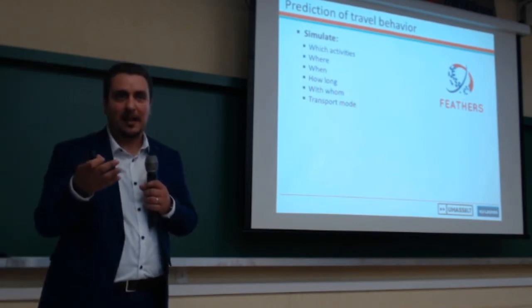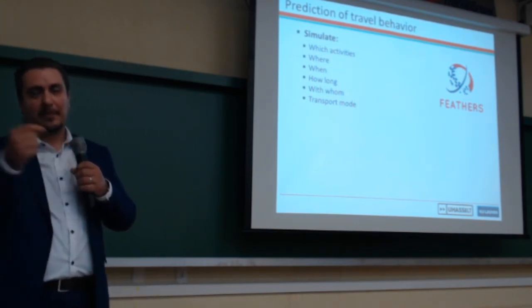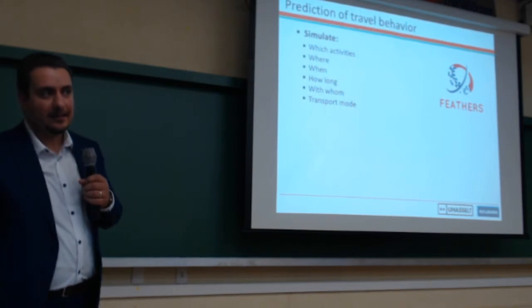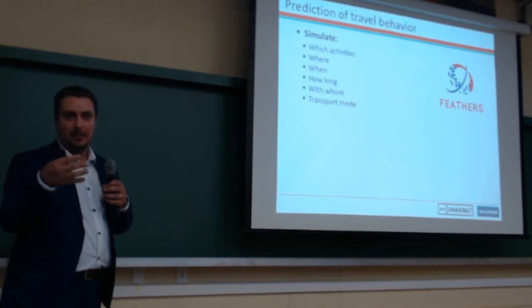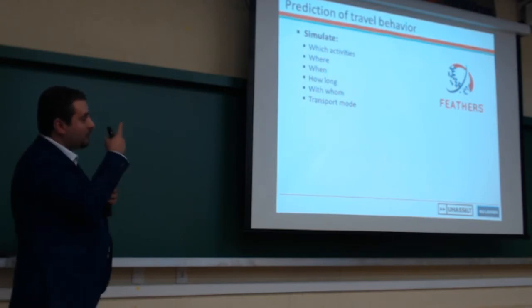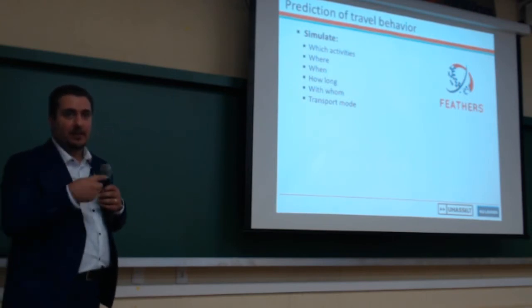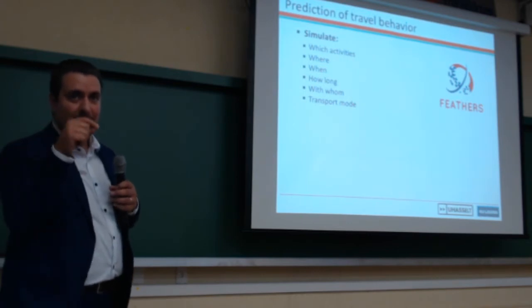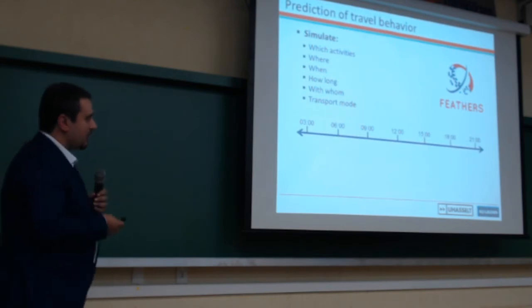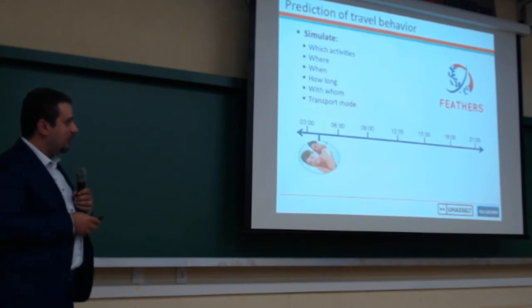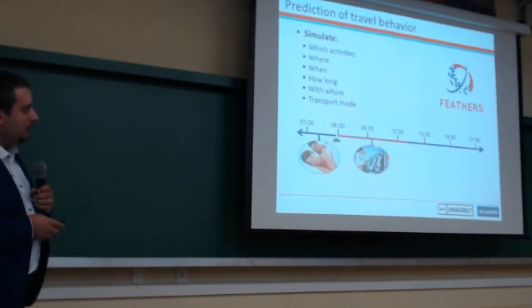So it was just an example of one simple sample point in our data, how it basically looks after we simulated by means of feathers an activity at a time for one individual. This is just another example. As you can see, we sleep overnight, we wake up.